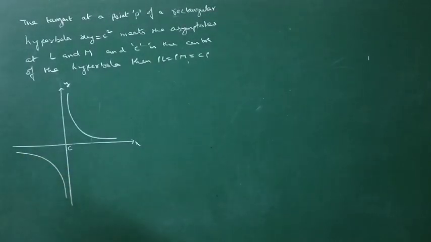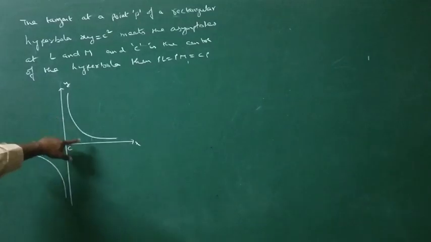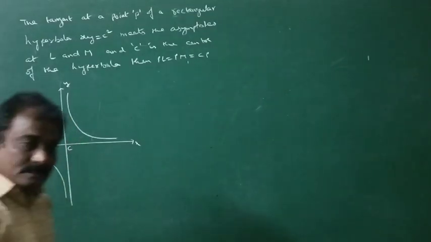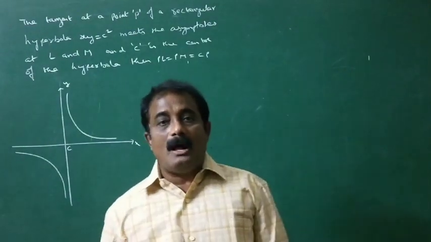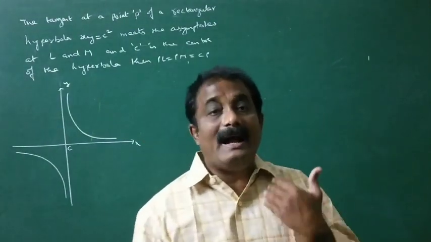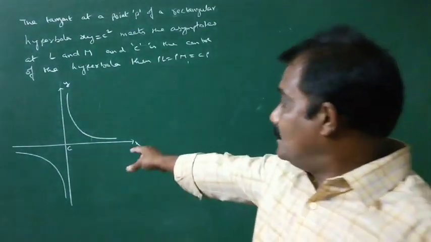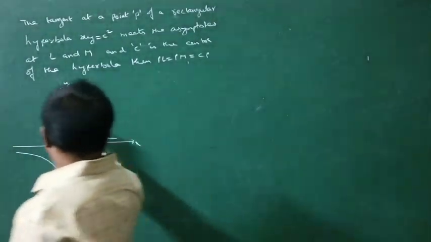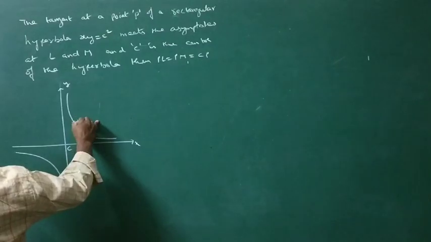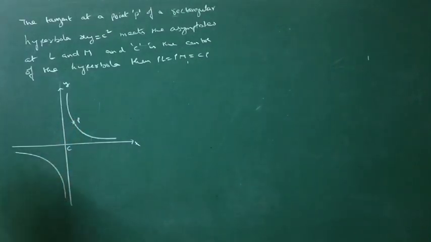This is the rectangle hyperbola. These two are the asymptotes. What are the asymptotes? Asymptotes are the tangents of the hyperbola which touch the hyperbola at infinity. These are nothing but the tangents to the rectangle hyperbola. They are given that suppose P is the point on the rectangle hyperbola.